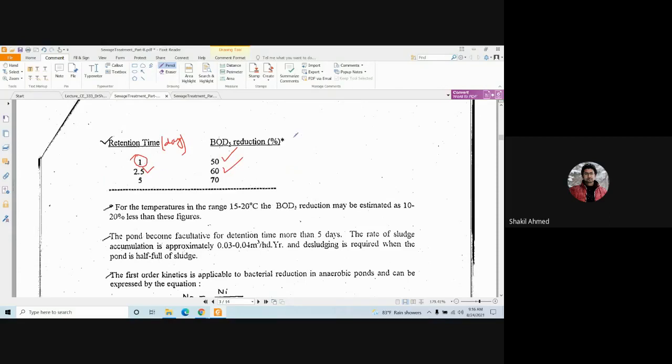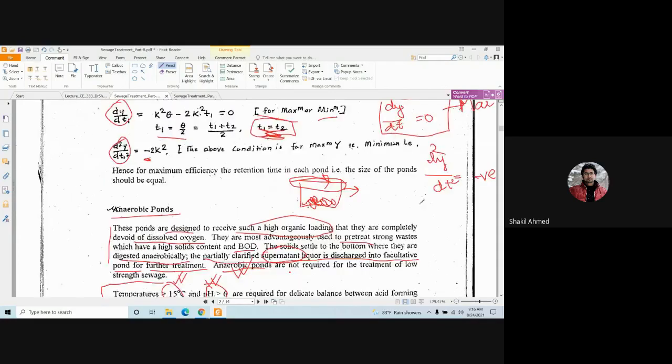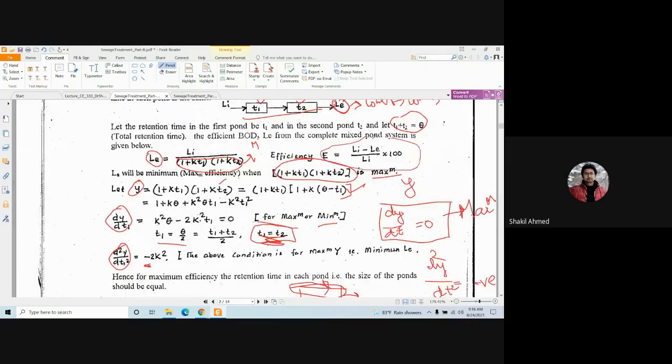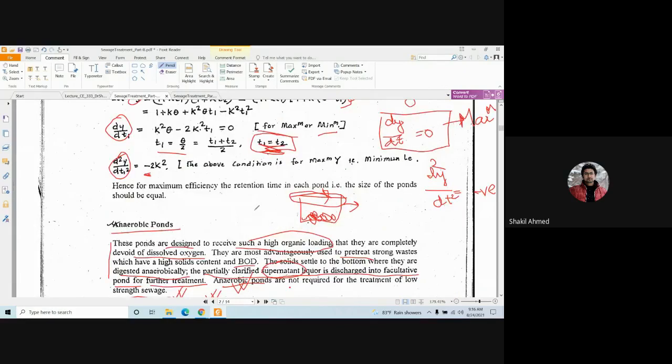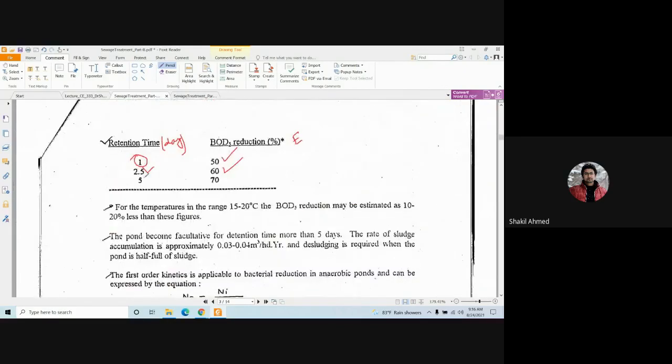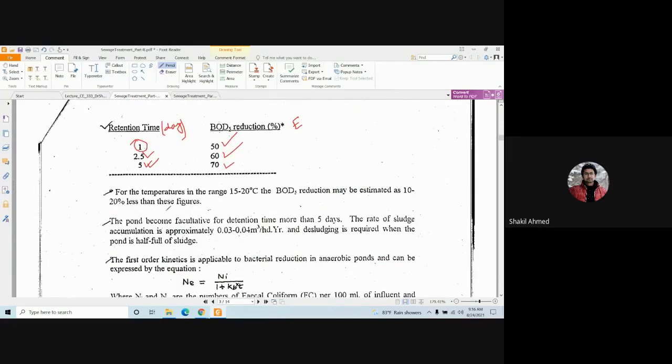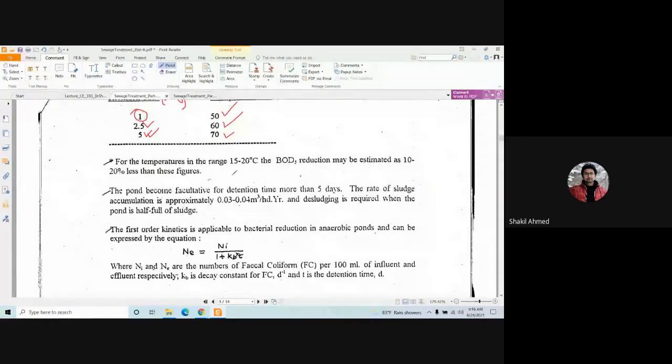And these are efficiencies actually. And if it is 5 days retention time, then reduction is 70%. For the temperature in the range of 15 to 20 degrees Celsius, the BOD reduction may be estimated as 10 to 20 percent less than these figures.